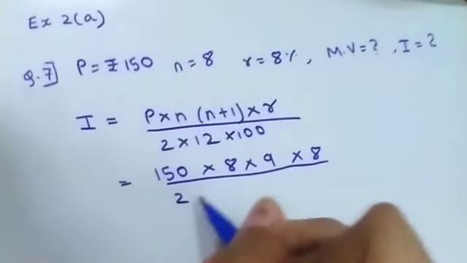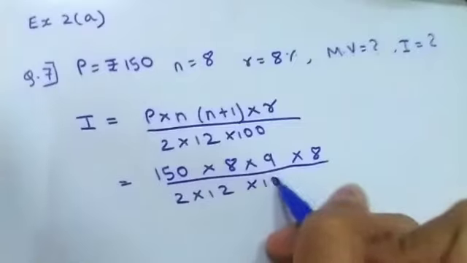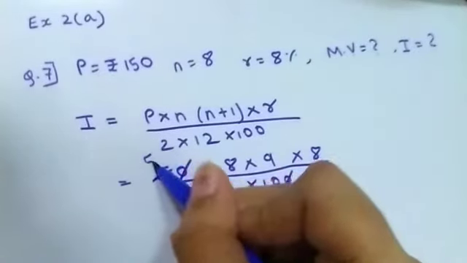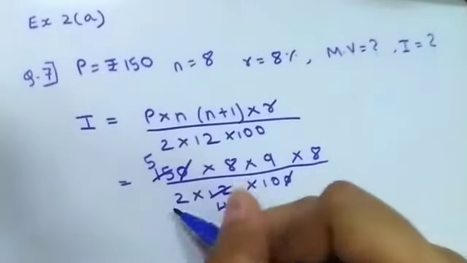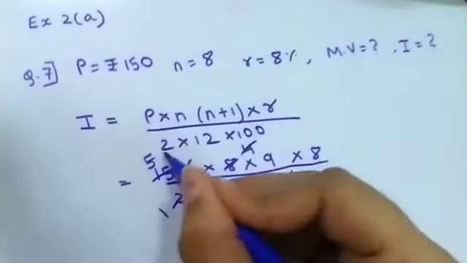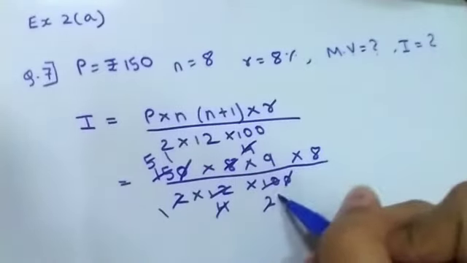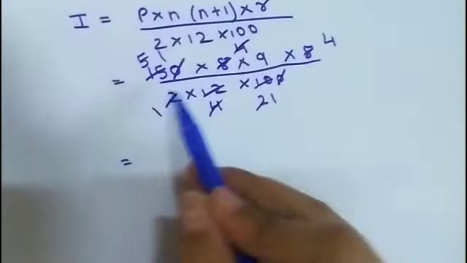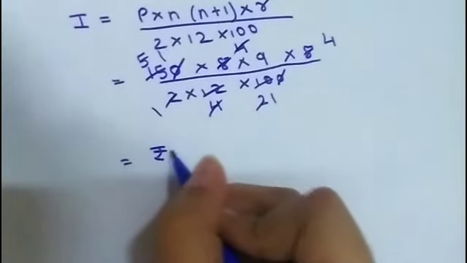Therefore, divide by 2 into 12 into 100. Zeros cancel. 3 5s are 15, 3 4s are 12, 1 4s are 4, 4 cancel. 5 1s are 5, 2s are 2, 1s are 4s are 4. Therefore, interest would be rupees 36.